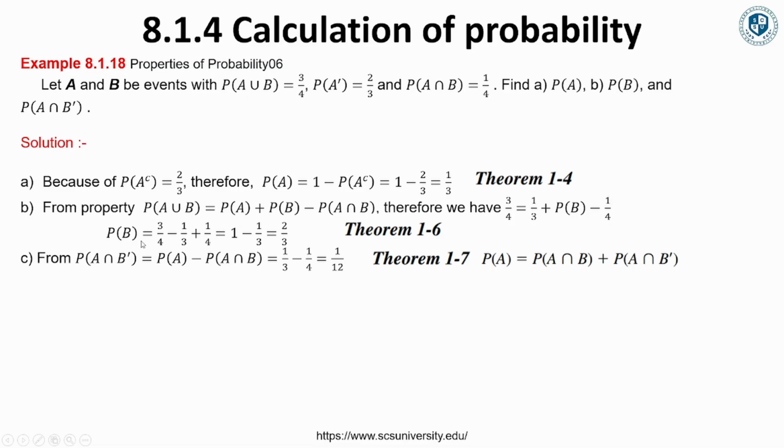So the probability of B equals 3 divided by 4 minus 1 divided by 3 plus 1 divided by 4, which equals 1 minus 1 divided by 3, equal to 2 divided by 3. (c) From theorem 1.7, the probability of A equals the probability of A intersection B plus the probability of A intersection B complement. Or the probability of A intersection B complement equals the probability of A minus the probability of A intersection B, equal to 1 divided by 3 minus 1 divided by 4, equal to 1 divided by 12.